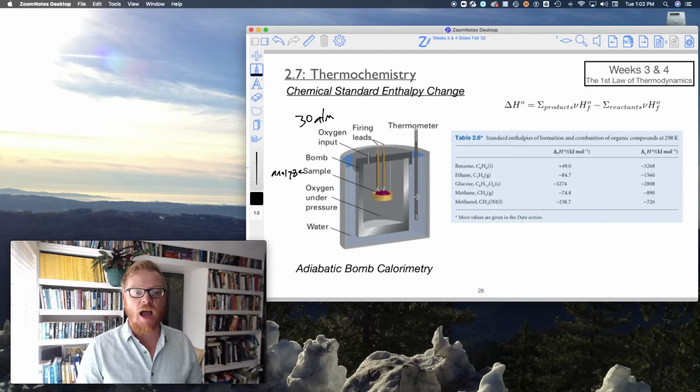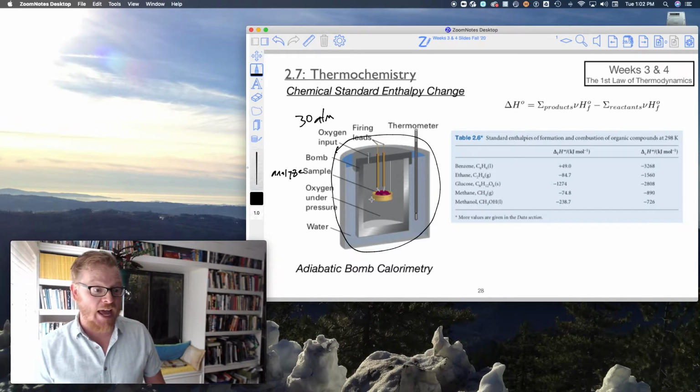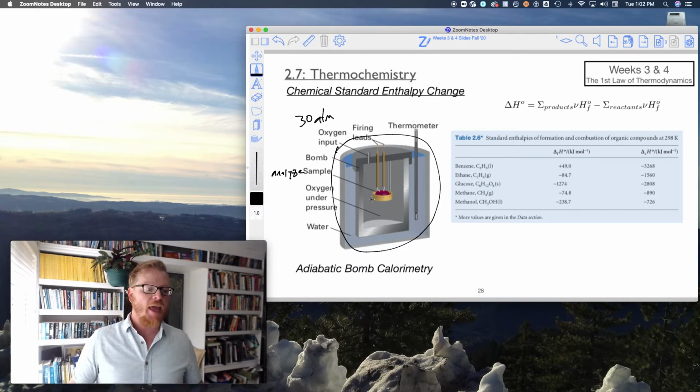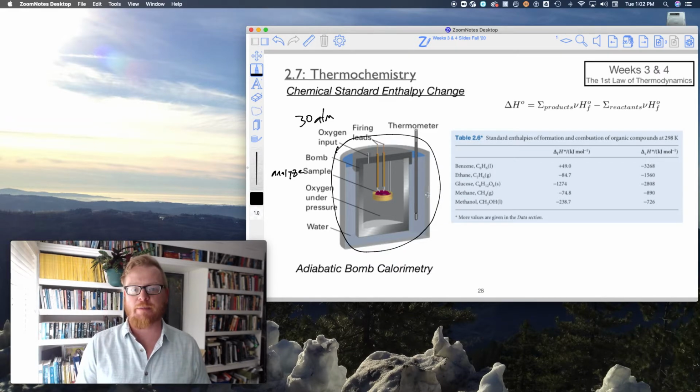So really the insulation is around the whole device, right? So that it's adiabatic from the outside. So this water is in direct contact with that stainless steel chamber, and you don't want that part to be adiabatic. You want it to be able to change the temperature of the water.